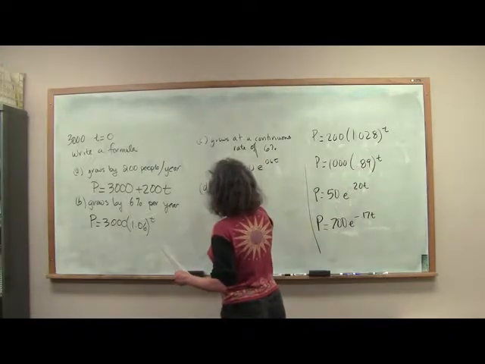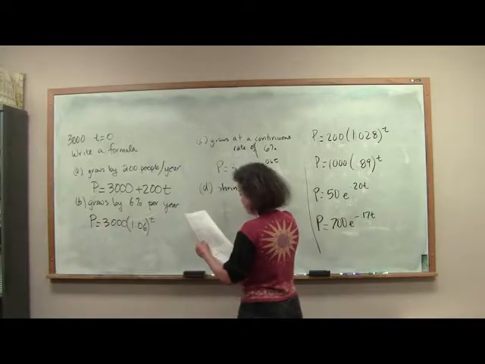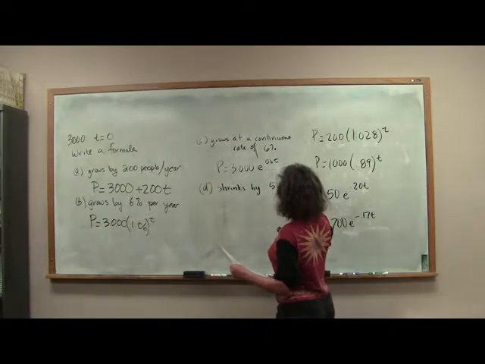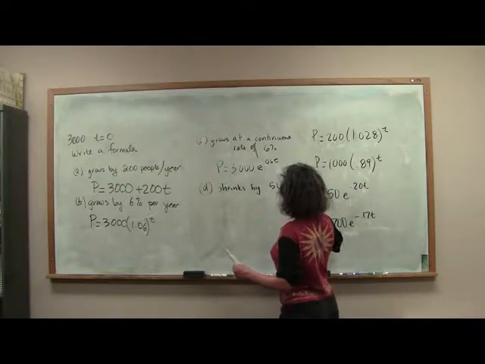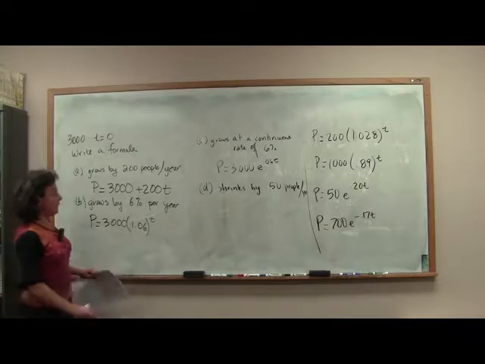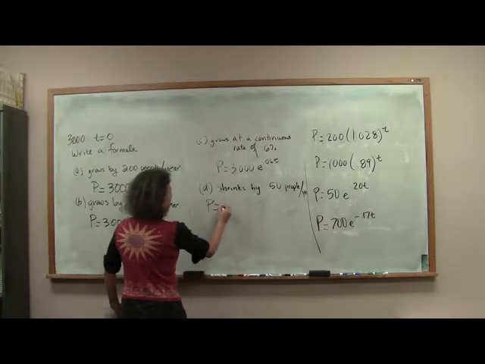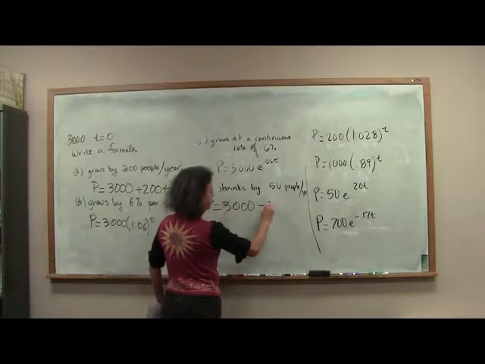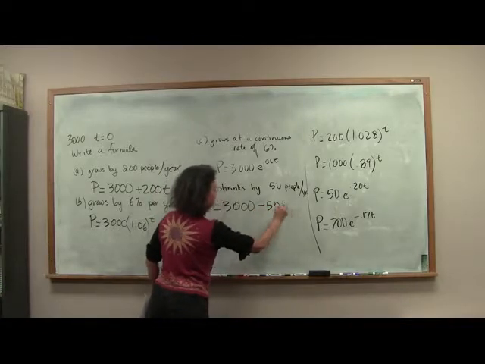What if now we say that the population shrinks by 50 people per year? This is a linear. So again, I start out with 3,000, but since it's decreasing, my slope is negative.